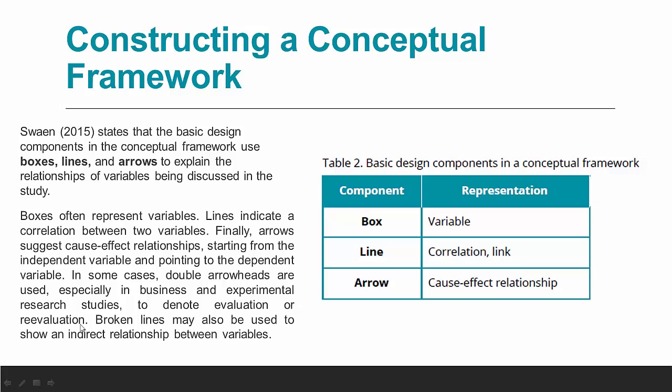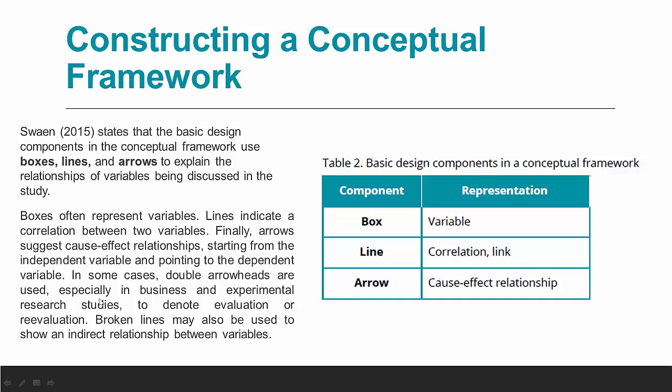Okay, some of you passed already a theoretical framework, but take note, I only asked for chapter 1. Oh, sorry, conceptual framework. And I've noticed that you have a double arrow.